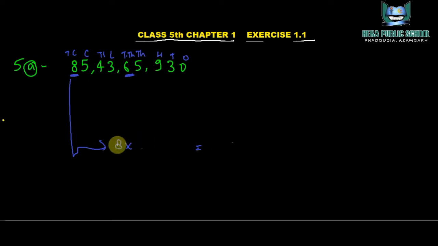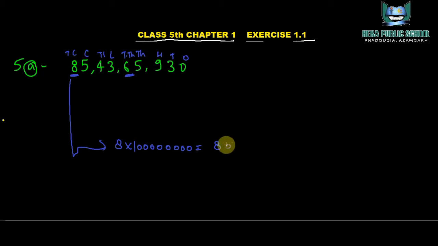So 8 into 10 crore. In 10 crore, how many zeros are there? Here are 8 zeros. 1, 2, 3, 4, 5, 6, 7, 8 zeros. So the place value of 8 will be 80 crore.